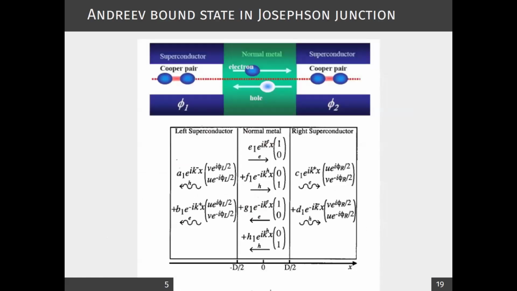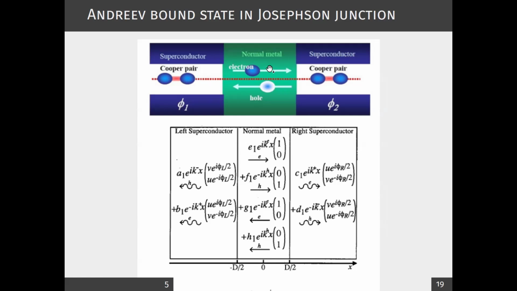Then there is the existence of Andreev bound states in the Josephson junction, which gives the most generalized picture. This will be covered later, not now. Basically we have a demonstration of CPT symmetry.